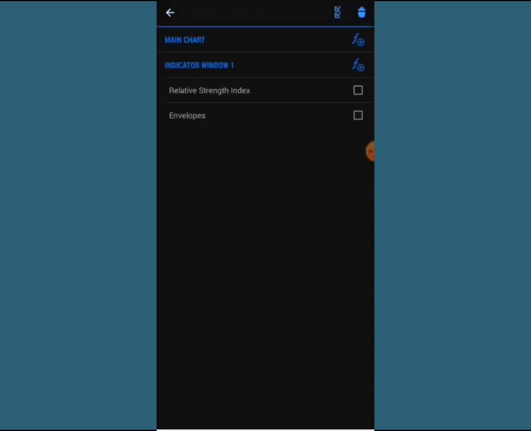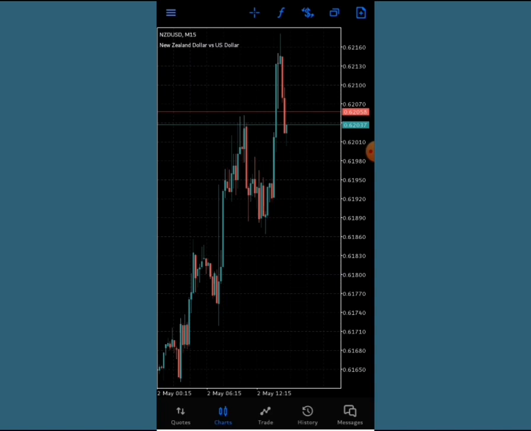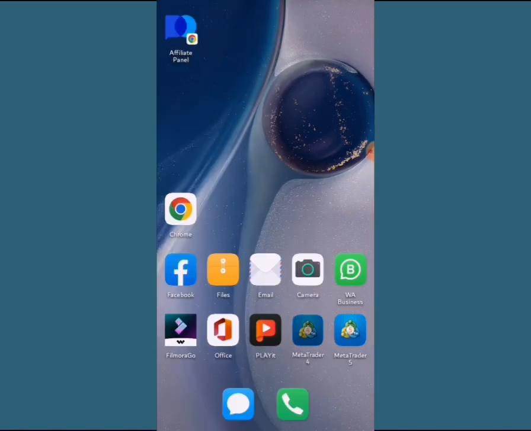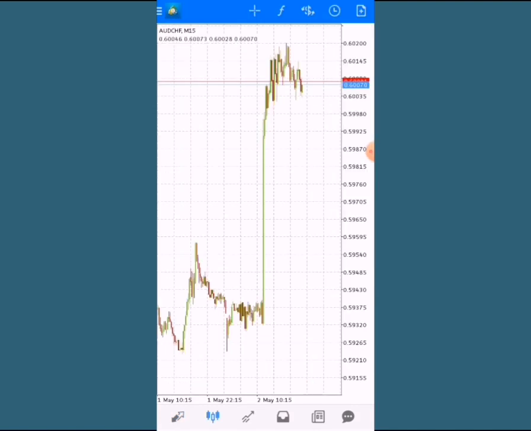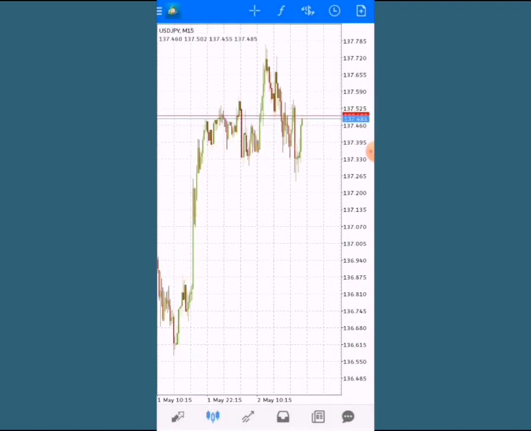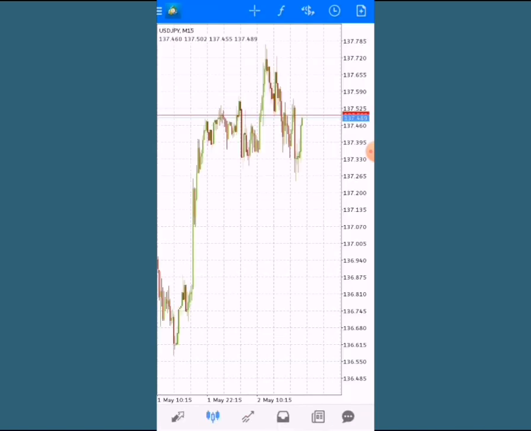Okay, so the first thing that you are going to do is set up the indicators that you are going to need. Let me just remove everything so that we start afresh. Okay, you're going to have a clean chart like this. Let's look for a good pair like USD JPY. Okay, and then on a clean chart like this one, you are going to add, where do you go?